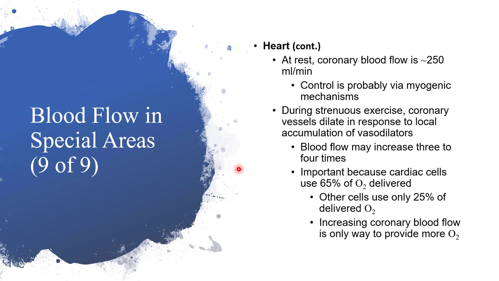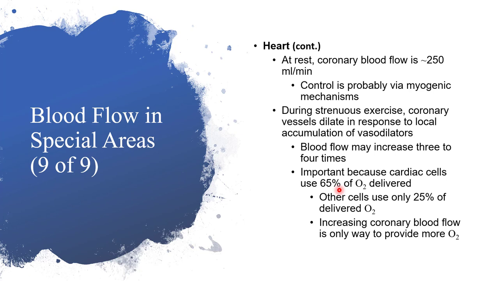And this is important because the cardiac cells use 65% of the oxygen that is delivered to them. Other cells use only 25%. But remember, in your histology of cardiac muscle, the mitochondria of heart muscles are big.